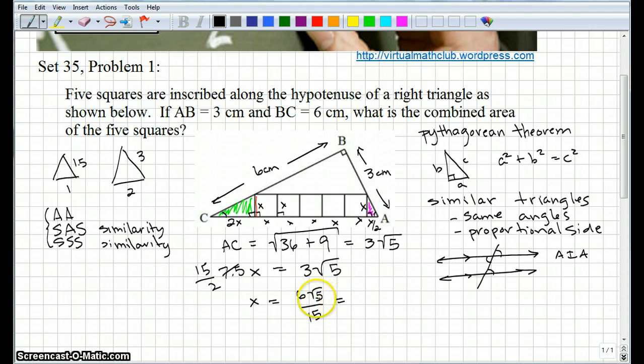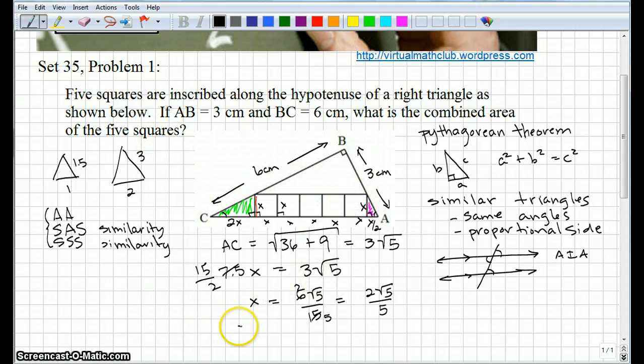Okay, or I can rewrite that. I can divide both top and bottom by 3. And so that'll be a 2, and this will be a 5. So that's 2 square root of 5 all over 5. Well, now what do we want to find? We want to find the combined area of the 5 squares.